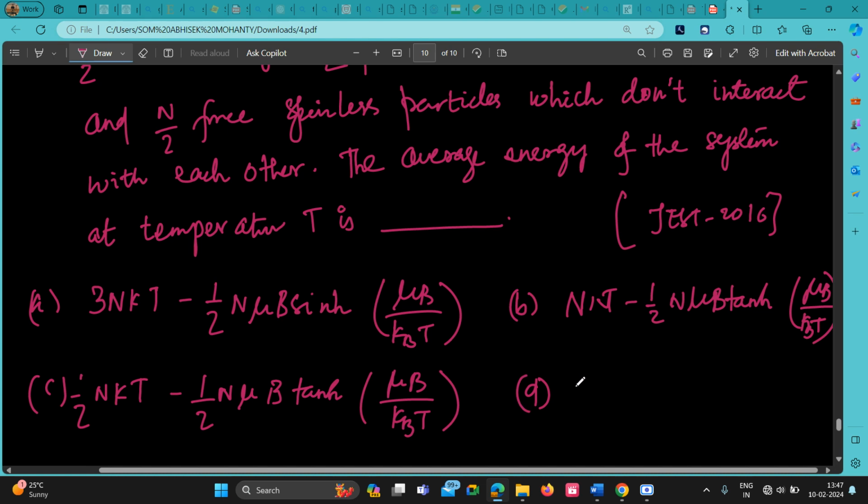Option D: 3 by 2 NkT plus half N mu B cosh(mu B by kBT). Is that all right?